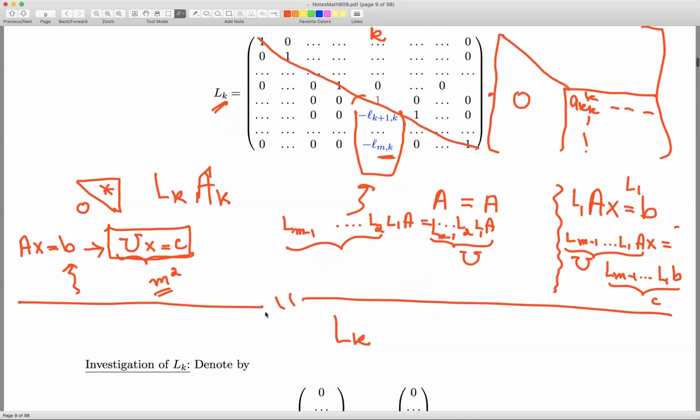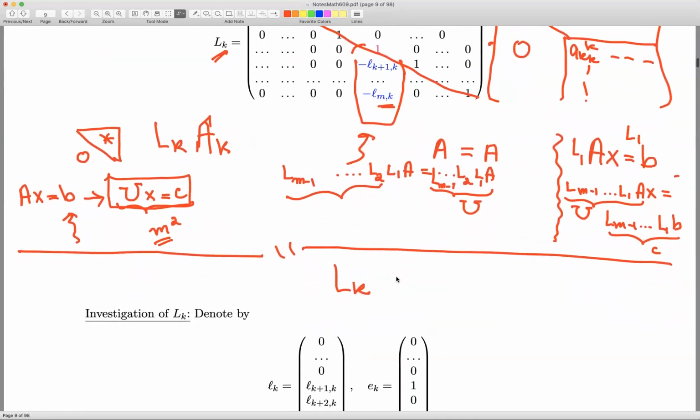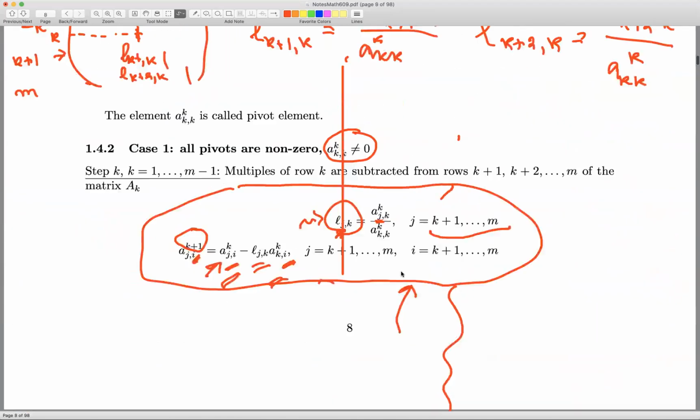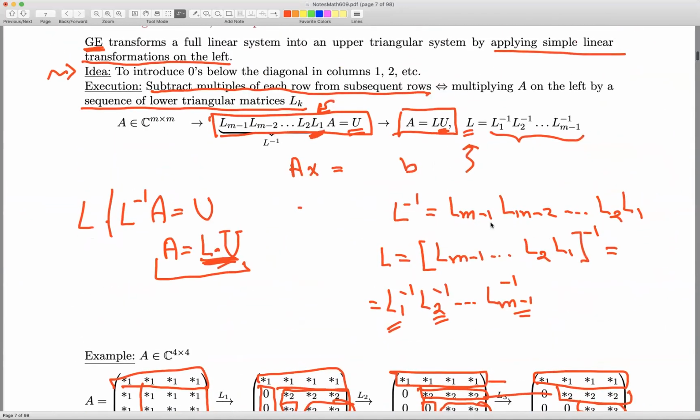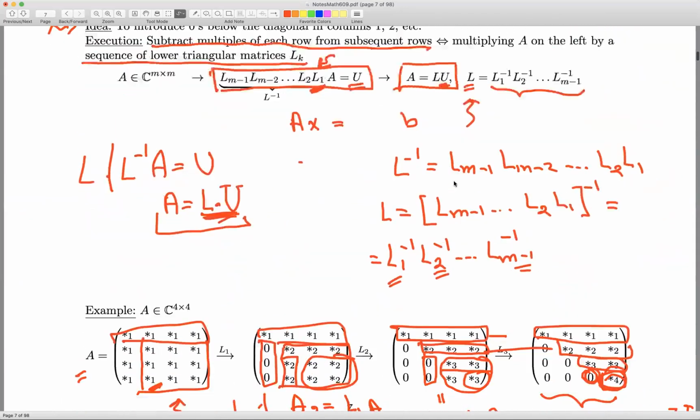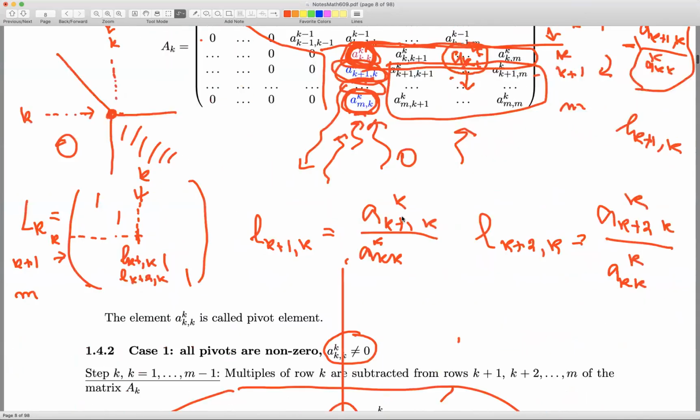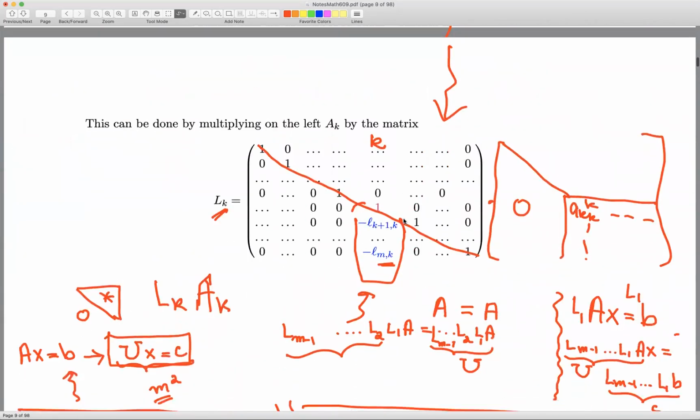So let's go further. We said that in our equations from before, we had the form for L. This is the product of the inverses of the matrices Lk.